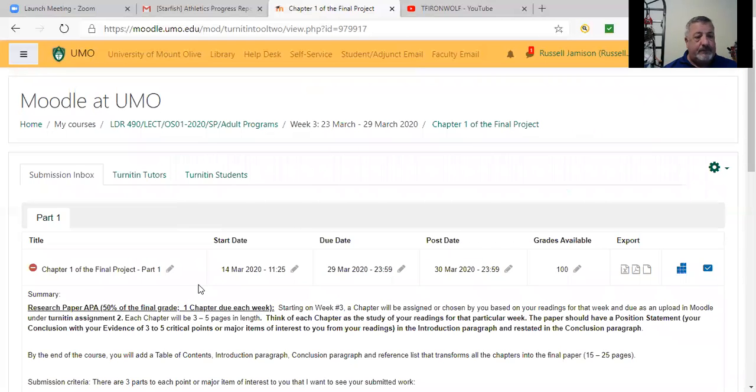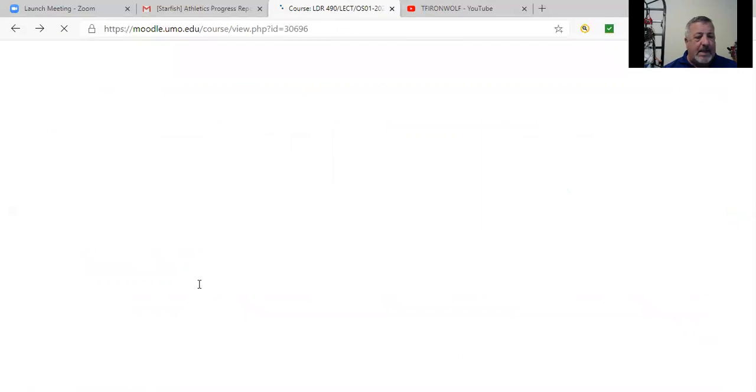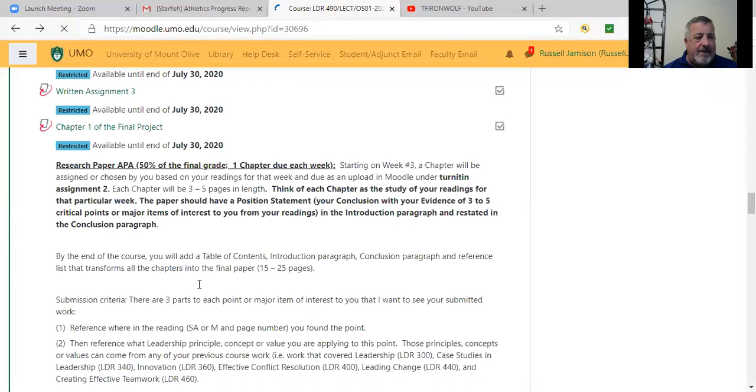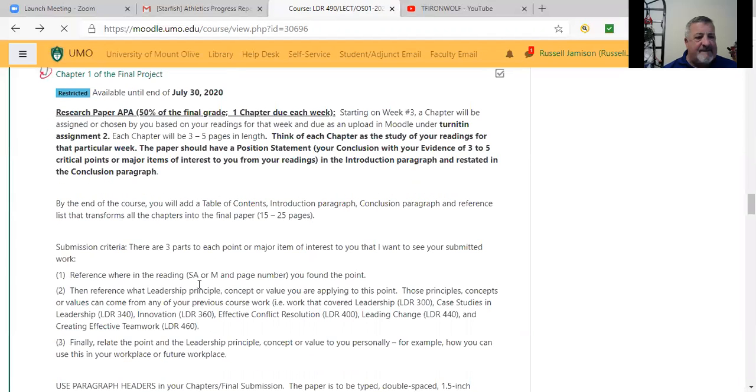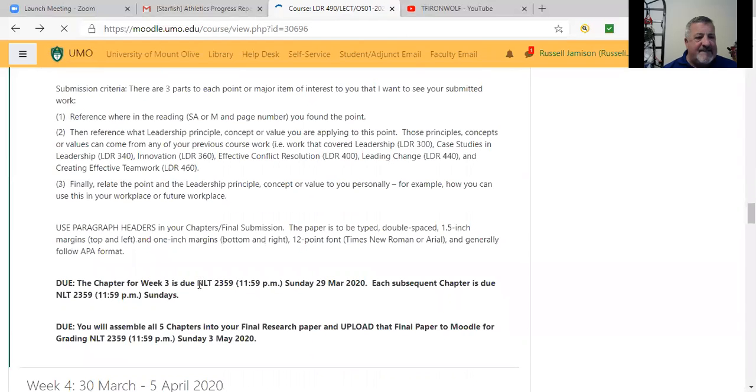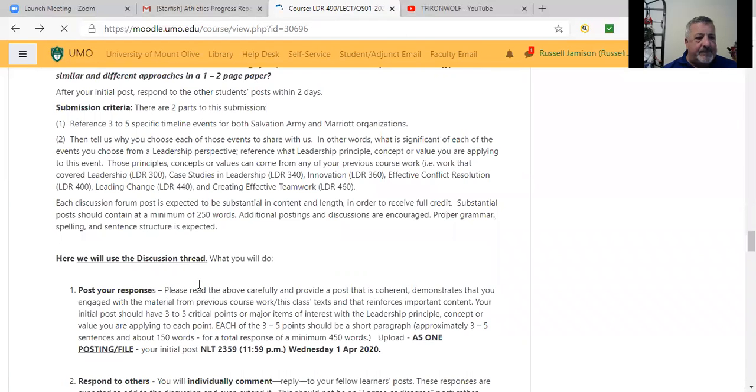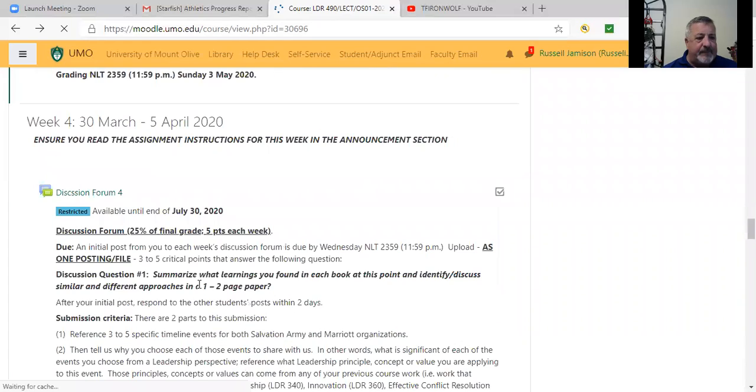So, week 4, well, that's hard to believe. Your discussion question due tomorrow is to summarize what learnings you found in each book at this point and identify, discuss similar different approaches into one 2-page paper.